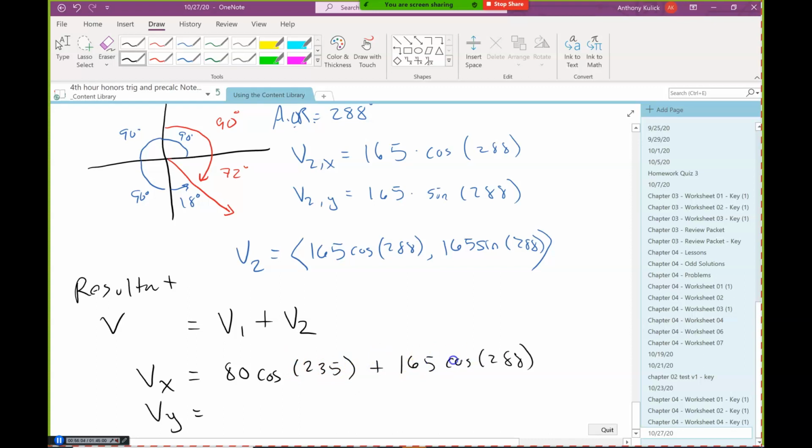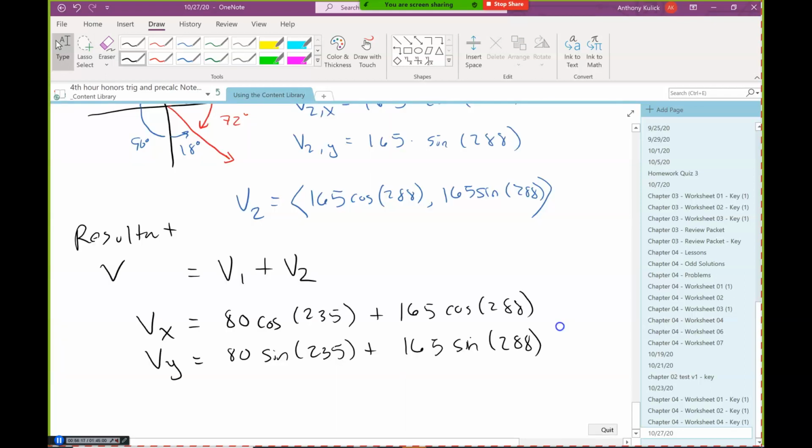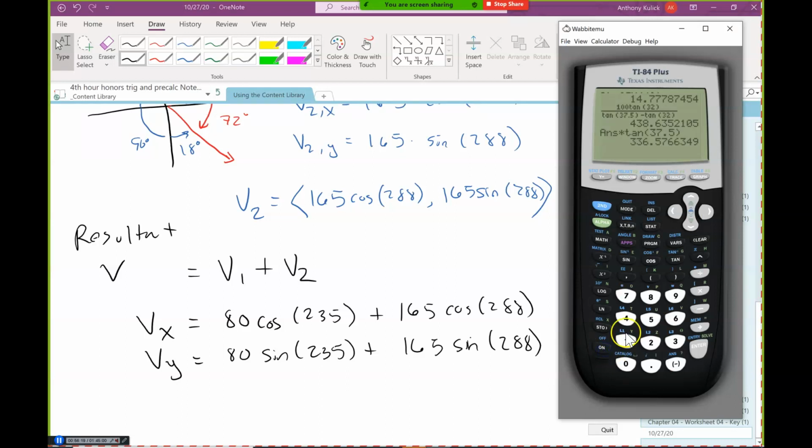So that's 5.10, and then negative 222.5.